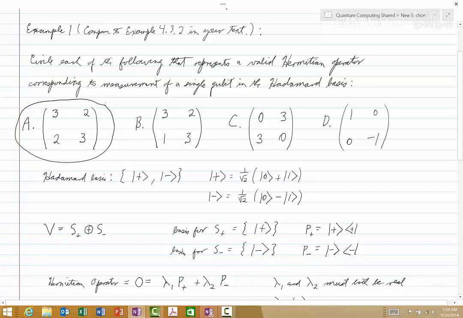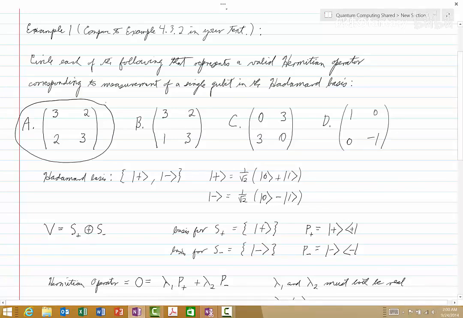Now what about B? Well, if you look carefully, you see right away that B is not a possibility. The way you can see this right away, without even scrolling down and looking at our expression, is to notice that B is not even a Hermitian matrix.